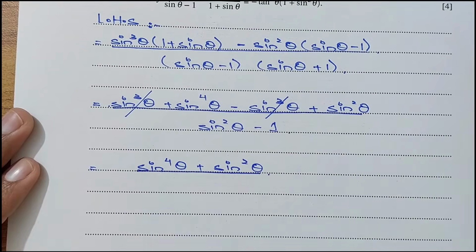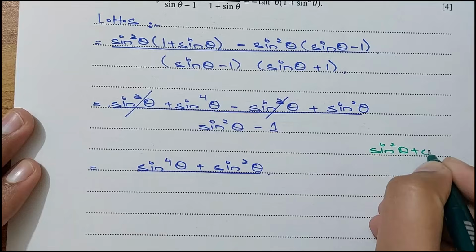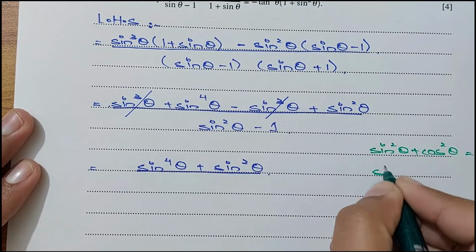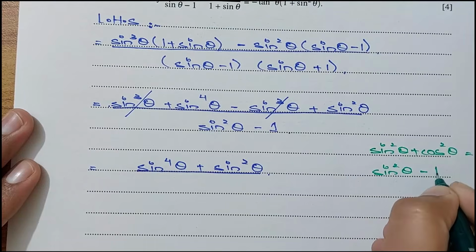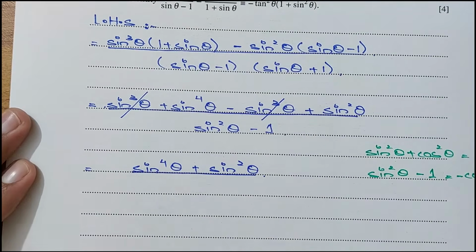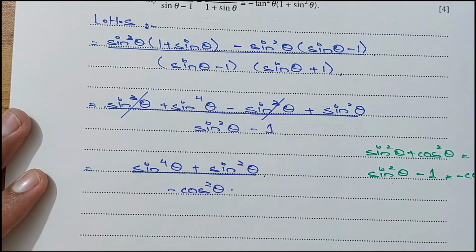Okay, let me use the identity sine squared theta plus cos squared theta equals 1. Sine squared theta minus 1, shifting the 1 over here, this is minus cos squared theta. Okay, let me use this. This is minus cos squared theta, right?